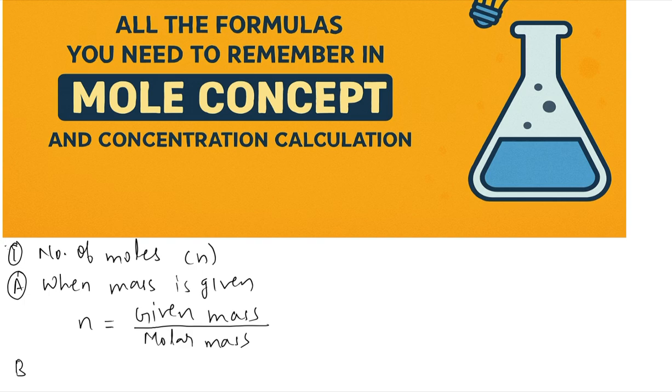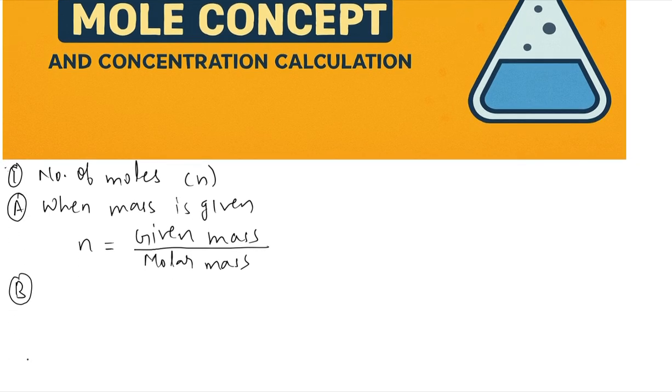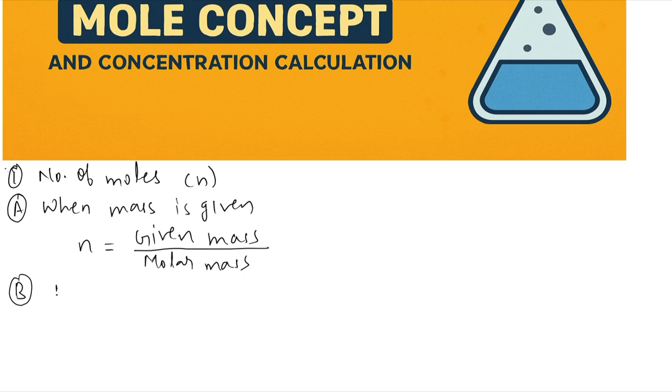Similarly, another formula that you can use to calculate the number of moles is when number of particles are given. Here by particle I mean the number of atoms or the number of molecules.